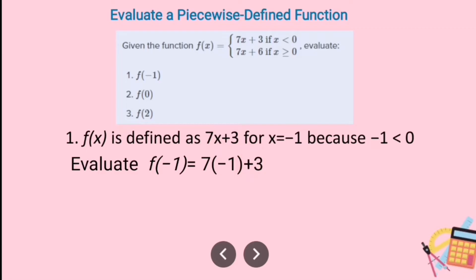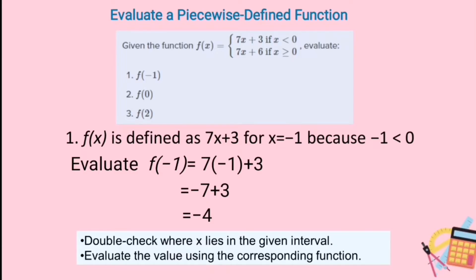Then simplify. 7 times negative 1 equals negative 7, then copy positive 3. Simplify the equation, we will get negative 7 plus 3, that is equal to negative 4. So the final answer is negative 4. Reminder, double check where x lies in the given interval and evaluate the value using the corresponding function.